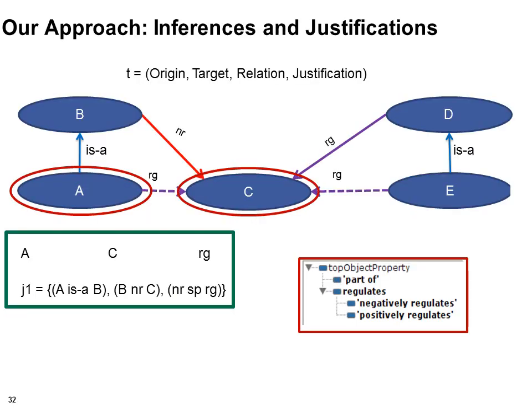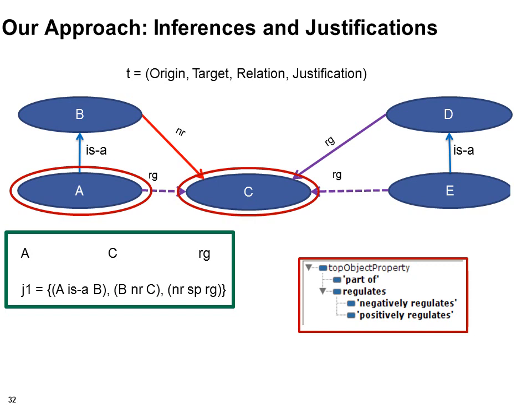To represent the justification of an implicit relation, we have a special data structure that keeps information about the origin of the relation, the target of the relation, and the justification.